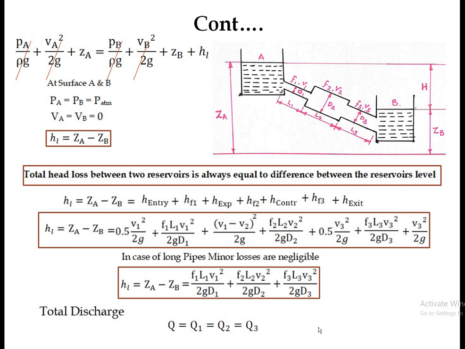Therefore according to the continuity equation, discharge Q equals Q1 equals Q2 equals Q3. This is a very important condition. So head loss is the addition of all head losses, and discharge remains the same in each and every pipe when the pipes are connected in series. So this is about the pipes which are connected in series.